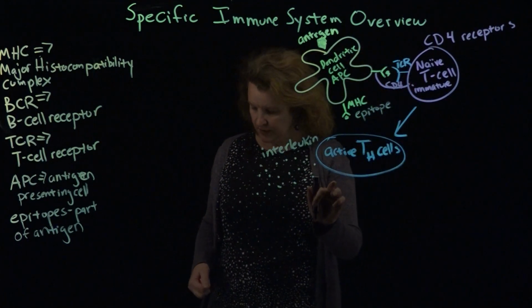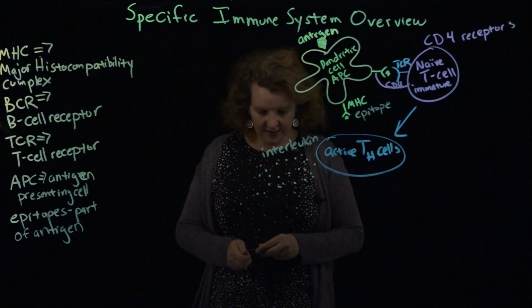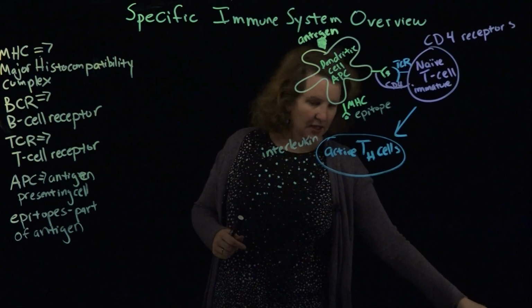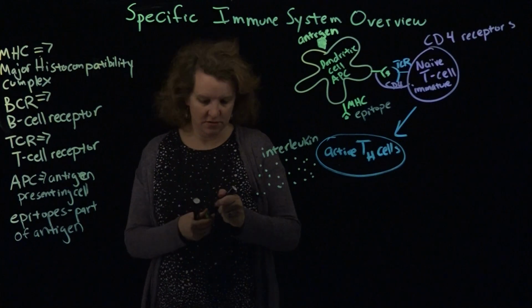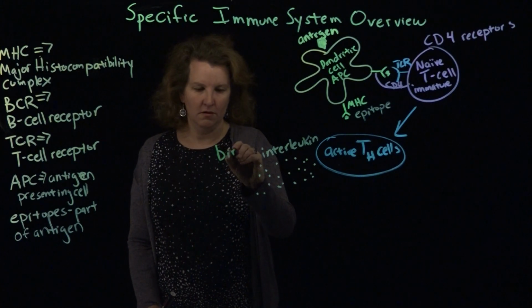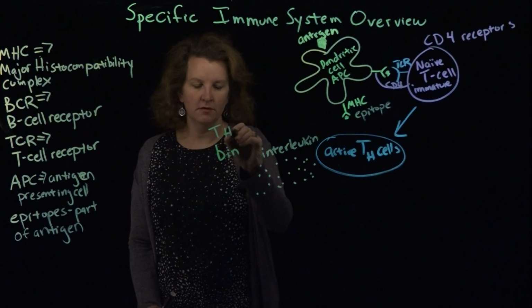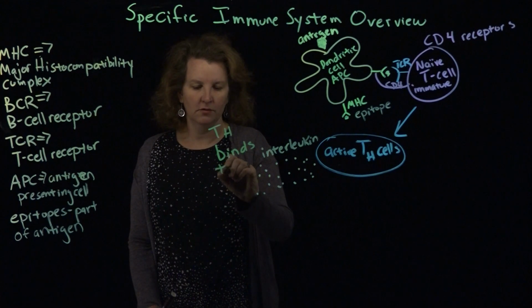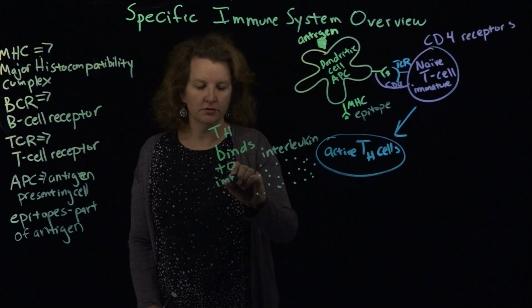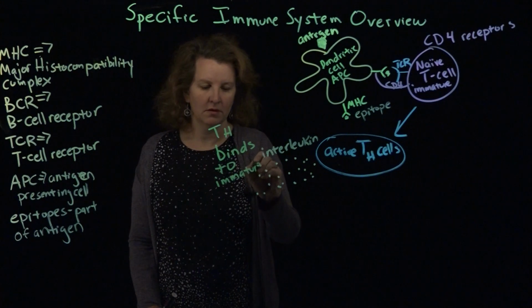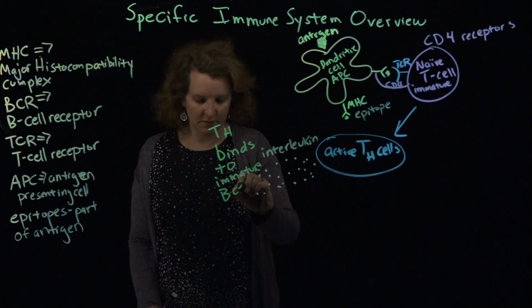So as this interleukin is secreted and this T cell becomes activated, it can now bind to, so the T helper cell binds to, again, this immature, sometimes it's called effector, B cell.